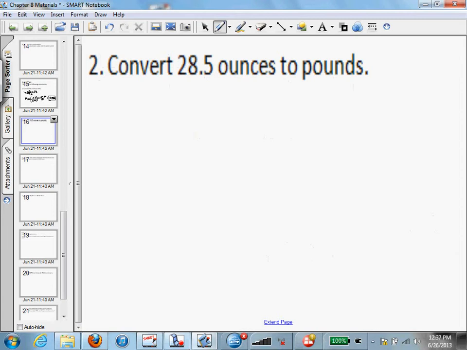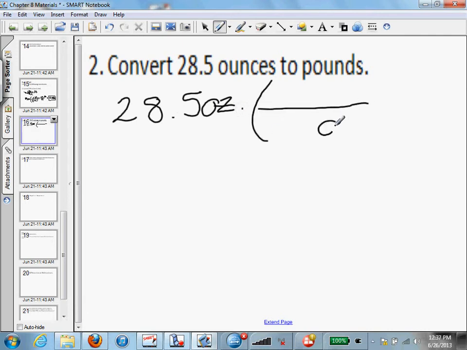Looking at number 2, convert these ounces to pounds. So for ounces, 28.5 ounces, you want a fraction where you have ounces on the bottom and pounds on top. And how many ounces are in a pound? There are 16 for 1 pound.